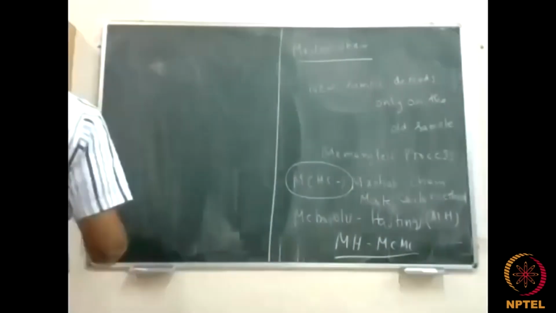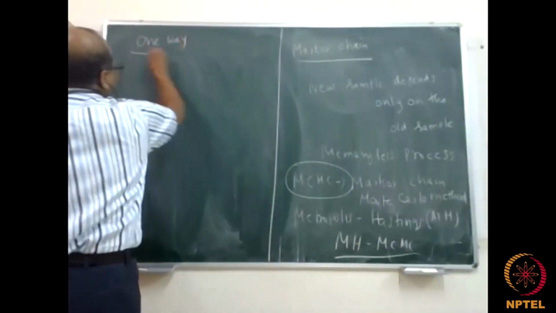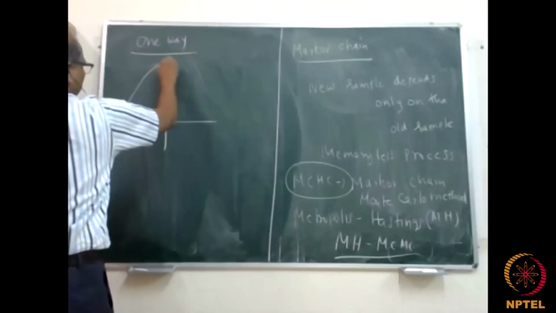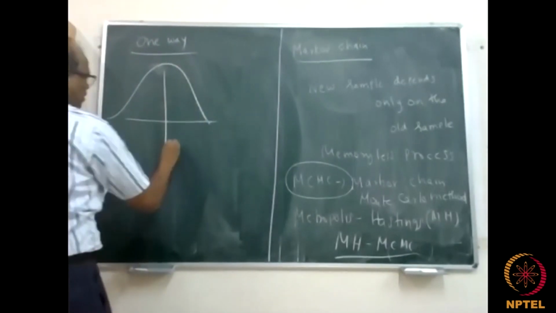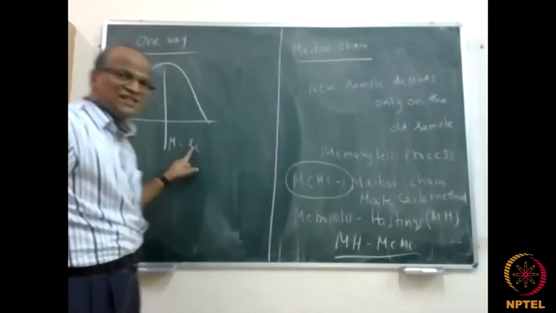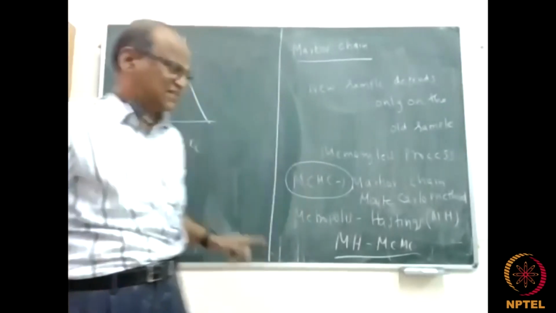So basically it is like this. Let's say that one way is like this. Of course, Suraj today will show some other method. The current sample, the old sample, is xi.